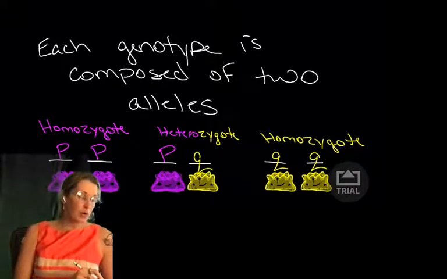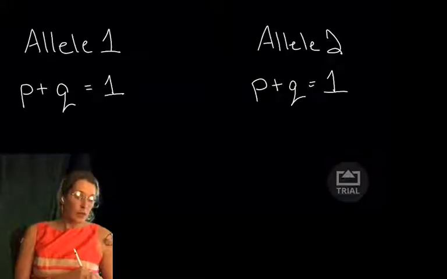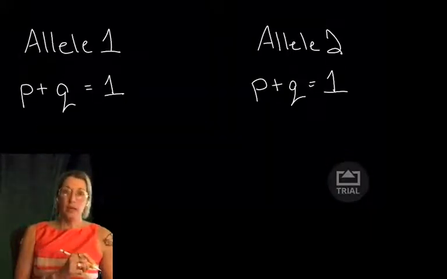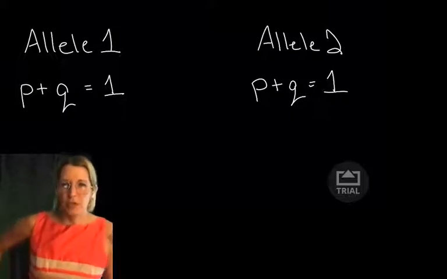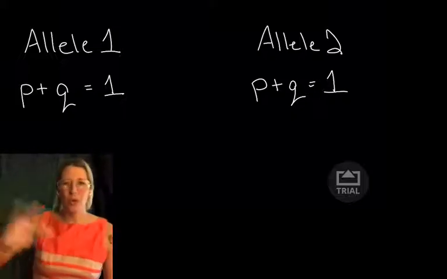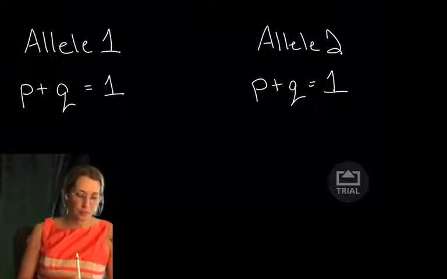So in this case, our purple homozygote is our dominant, and our yellow homozygote is our recessive. So allele 1, P plus Q has to equal 1 at that one allele. Allele 2, P plus Q has to equal 1 at that one allele. This is something that confused me for a while, and if that absolutely totally makes sense to you, awesome, but I'm going to step through it to prove it to you.